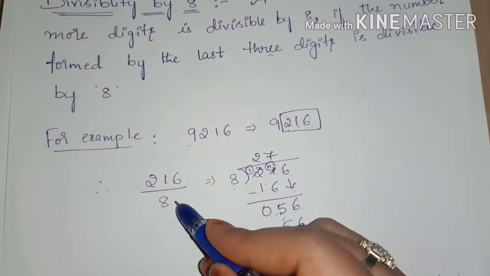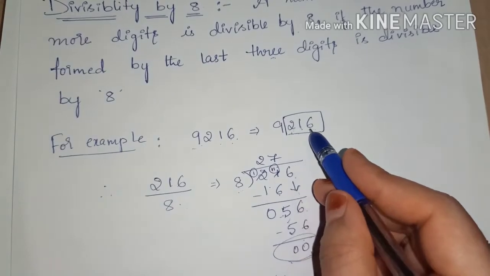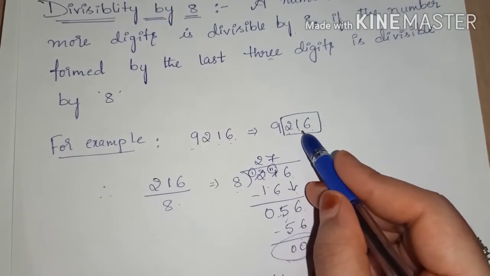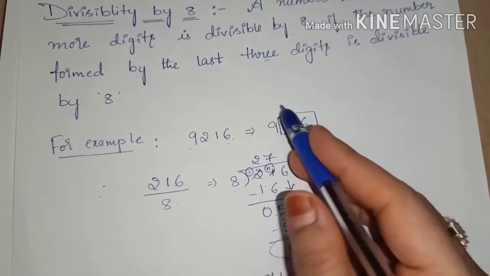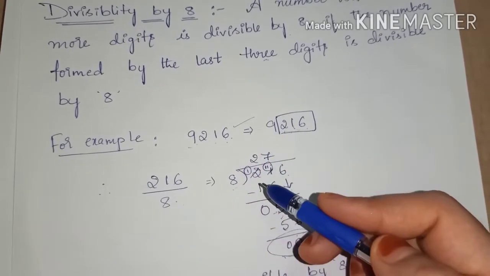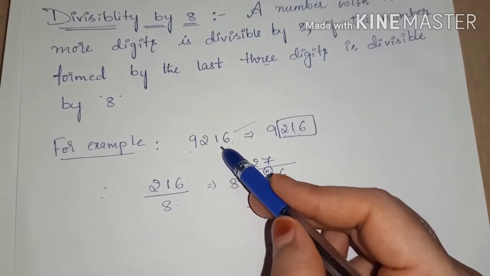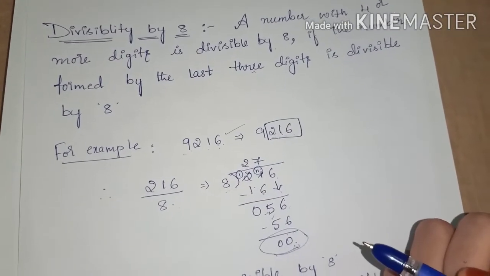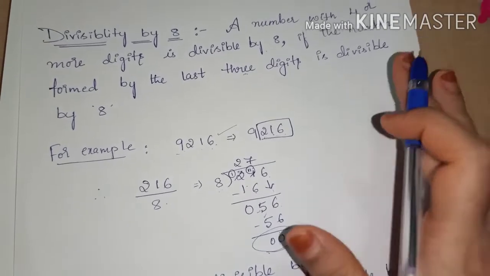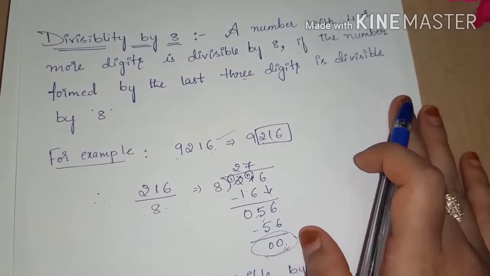Right? If the number formed by last 3 digits is divisible by 8, then the number itself, that is 9216, is also divisible by 8. This is the rule for the divisibility by 8.